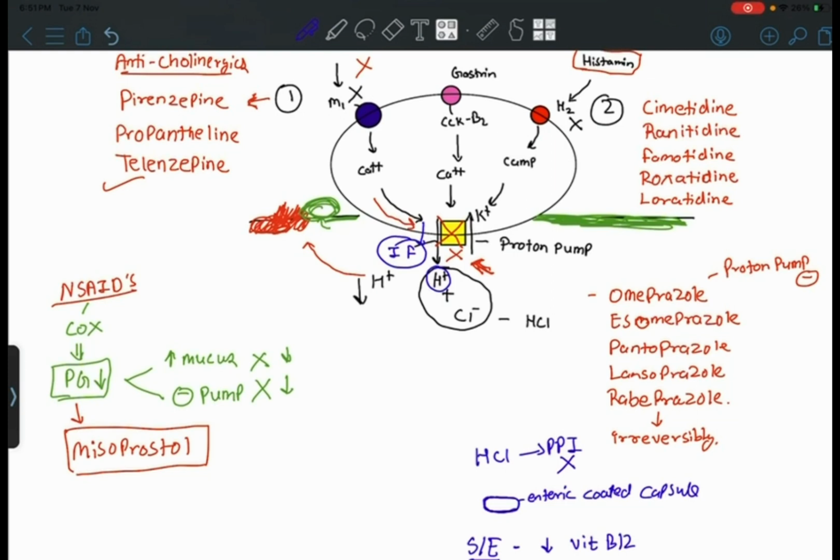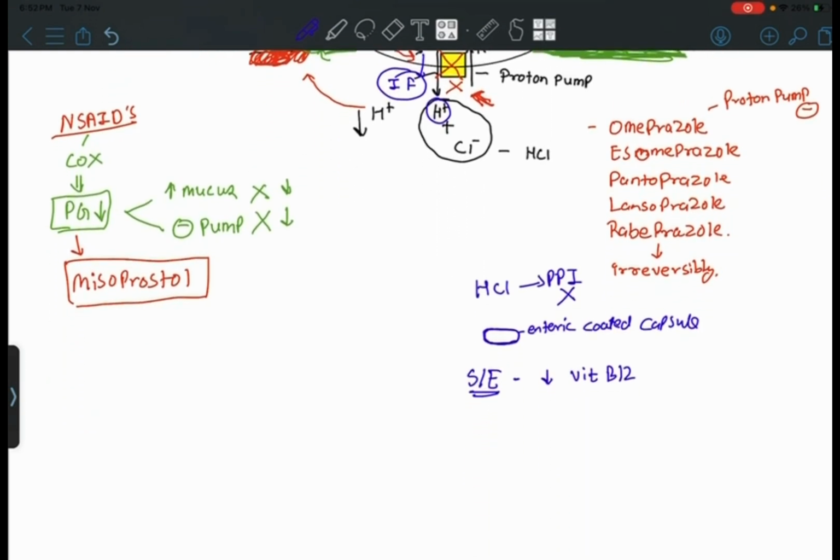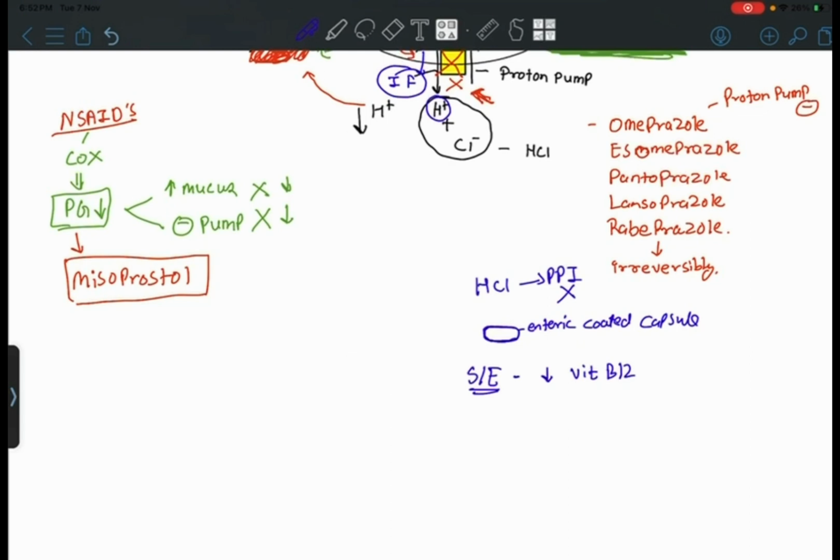What is the work of intrinsic factor? Intrinsic factor does the absorption of vitamin B12. So if we inhibit the proton pump, intrinsic factor will be low, due to which vitamin B12 will not be absorbed. And when vitamin B12 deficiency is there, we see a condition called megaloblastic anemia.